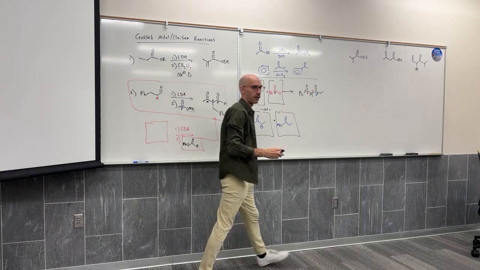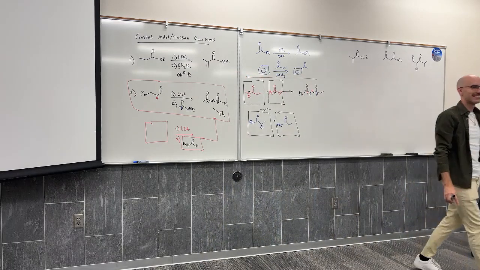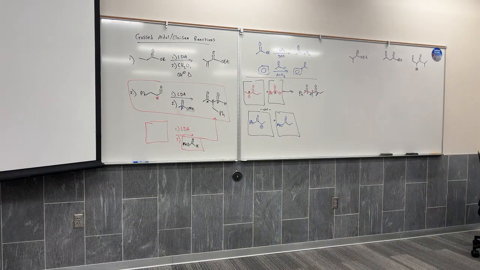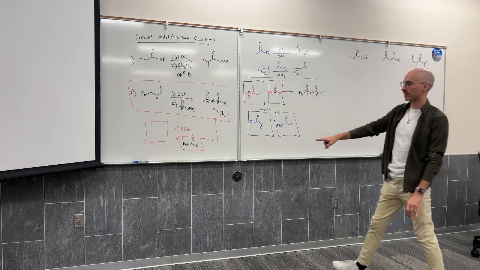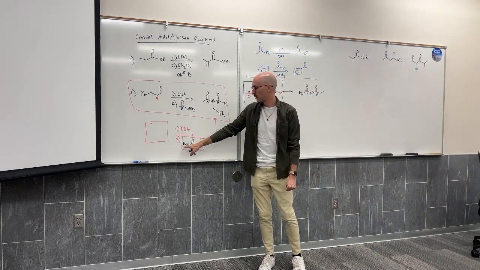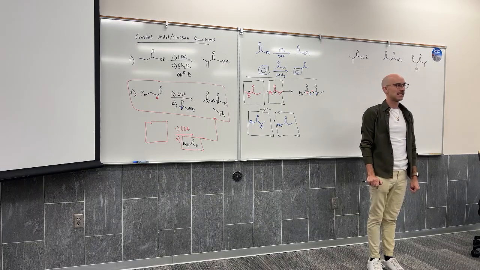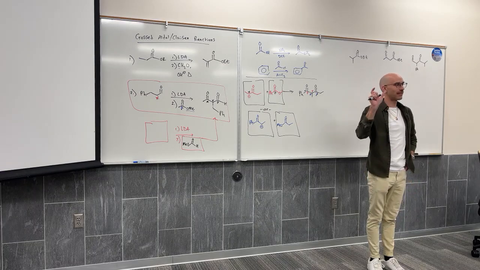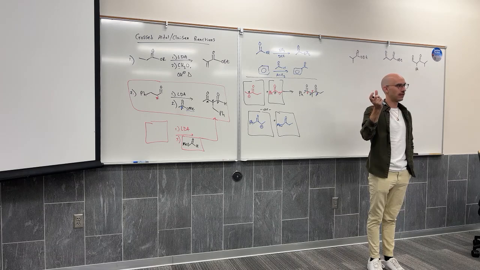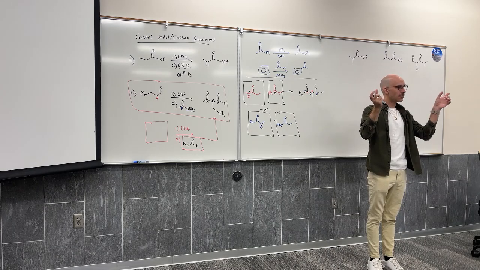Caitlin looked at this before and said, does that exist? Yes, and we can name it. What is that name? For this ester, this one carbon methyl ester. Esters always have the alkyl name in front, methyl, and then they end with oate.